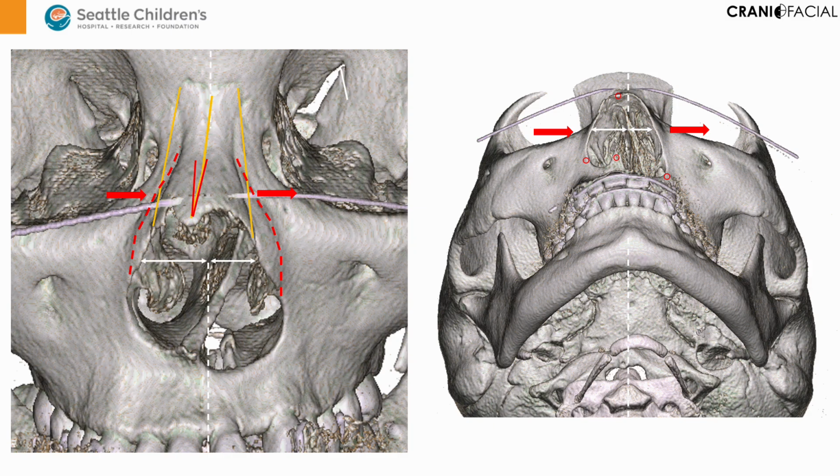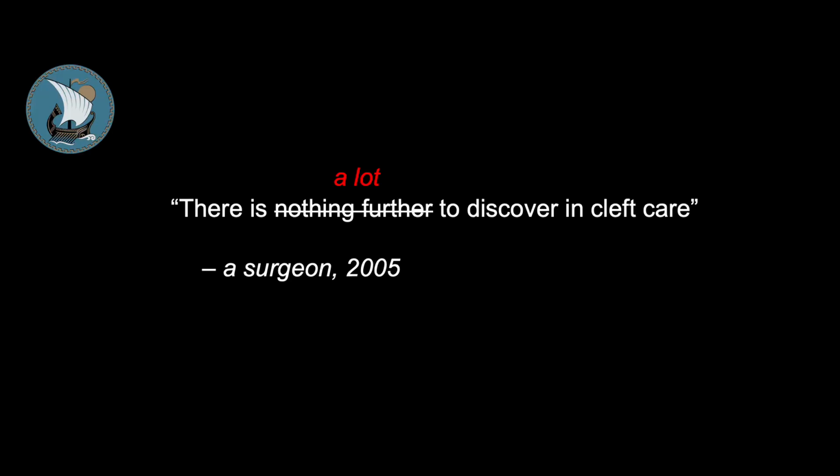And so for now, when I do definitive septal rhinoplasty at maturity, I spend a lot of time focusing on a large outfracture on the cleft side to open the nasal airway. And so there's still a lot to discover in cleft care.